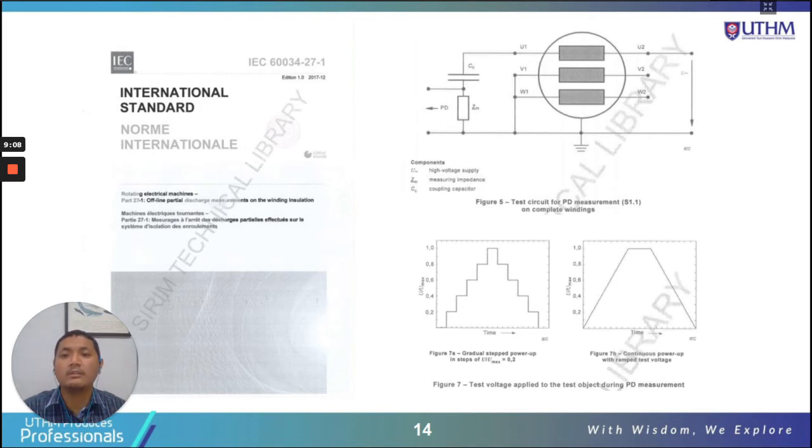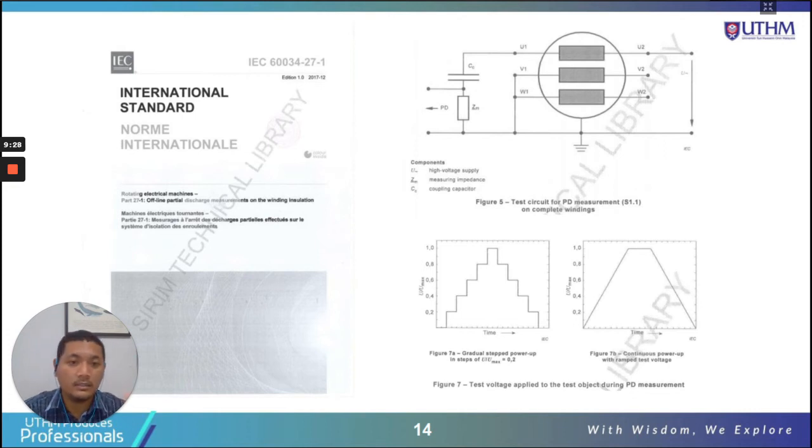You can go to the IEC website and just key in the code. You will see that -1 is for offline PD, -2 is for online PD, tan delta is -3, and several other tests have different dashes. So that's the code of the standard.